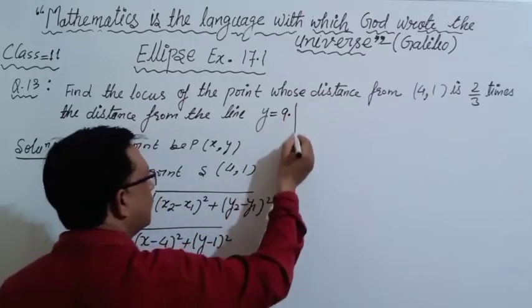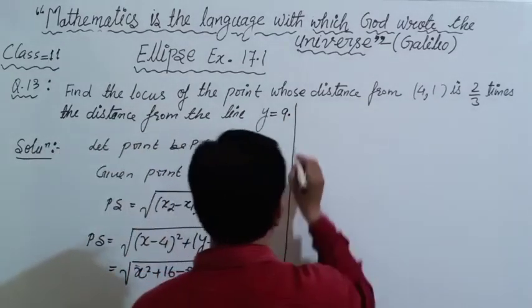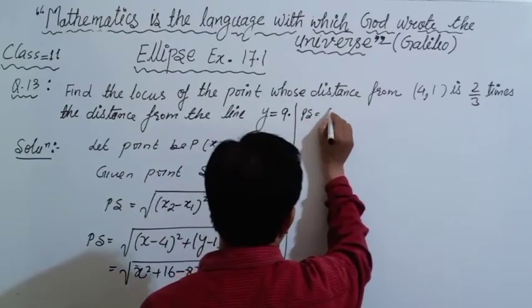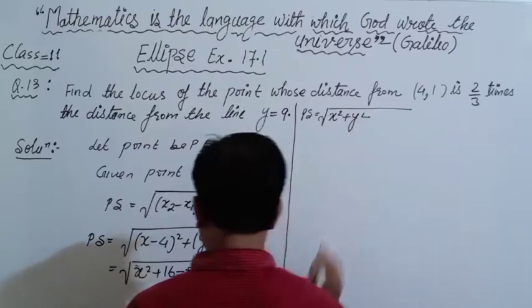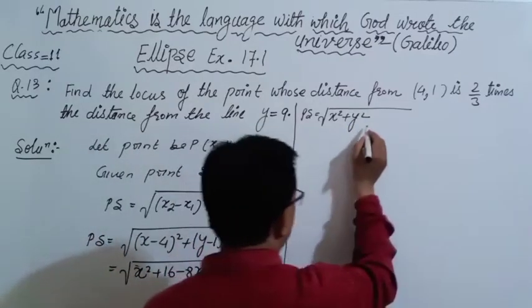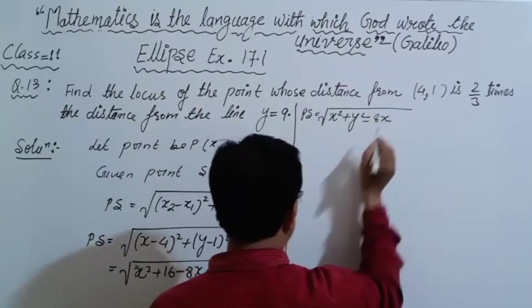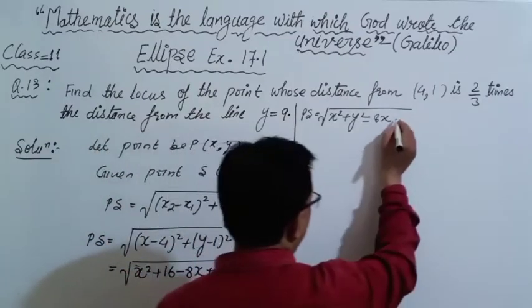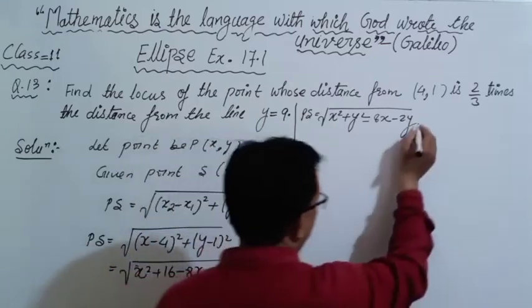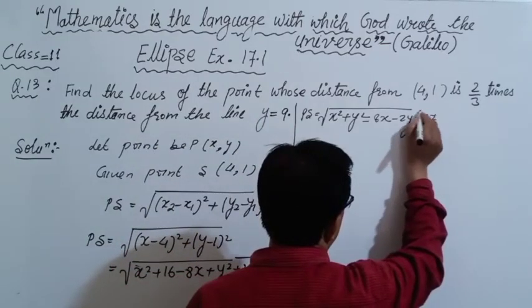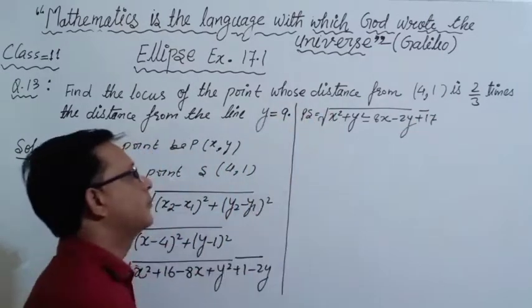Now we simplify this again. PS is equal to square root of x square plus y square minus 8x minus 2y plus 17, since 16 plus 1 is 17. Okay, this is your PS.